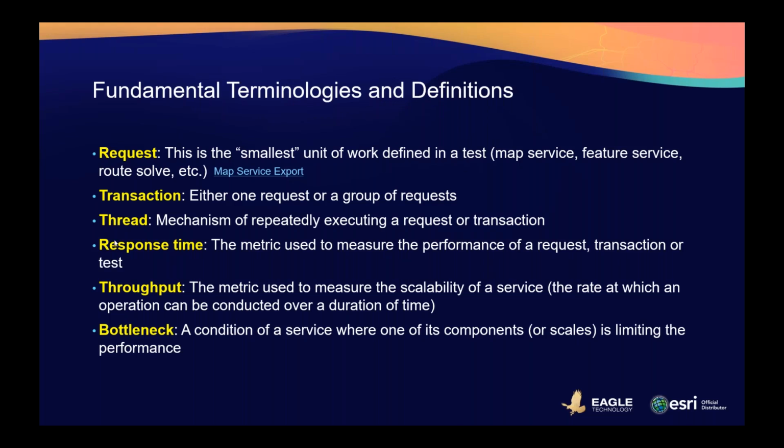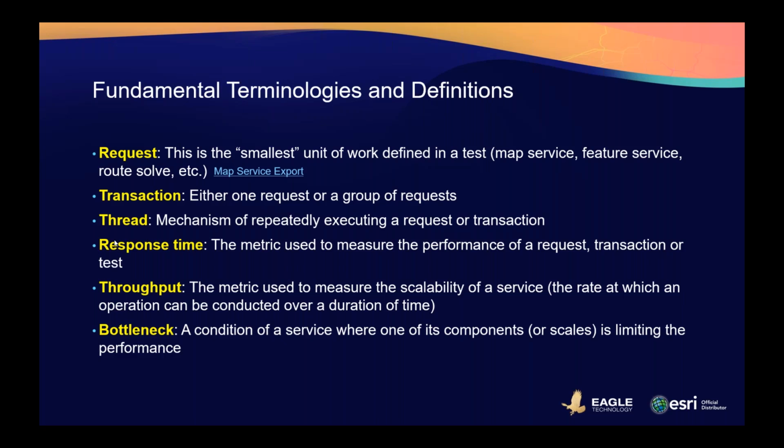A transaction is referring to either a group or one of these requests. In this case, we are representing one request per call there. A thread is just the mechanism for testing and requesting your transactions to your server.